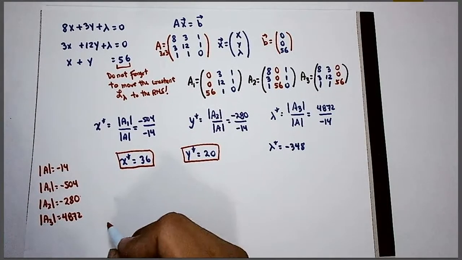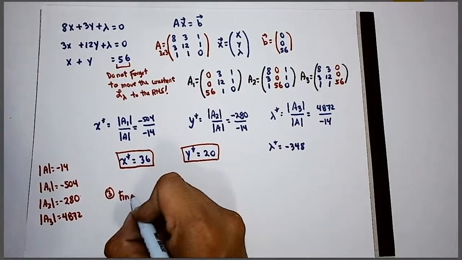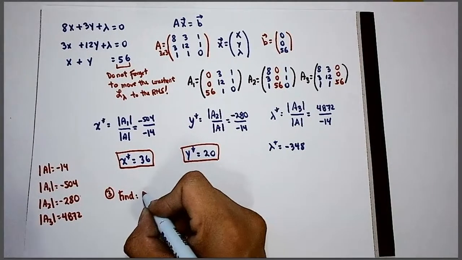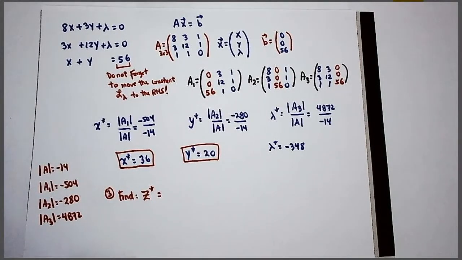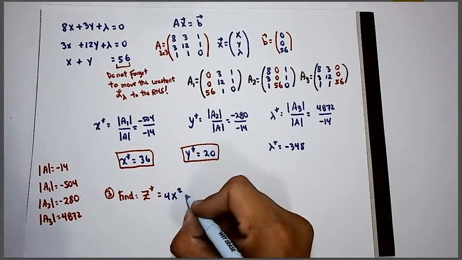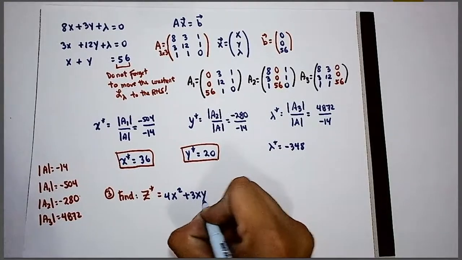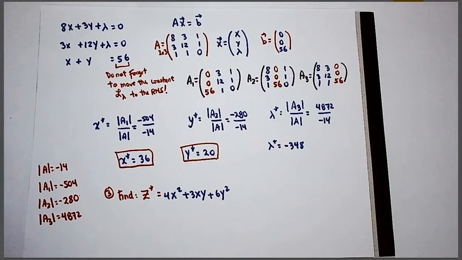Our last step is to find the optimal value of the function. Remember that the function was equal to 4x squared plus 3xy plus 6y squared. So here we need to replace the value of x equals 36 and y equals 20.